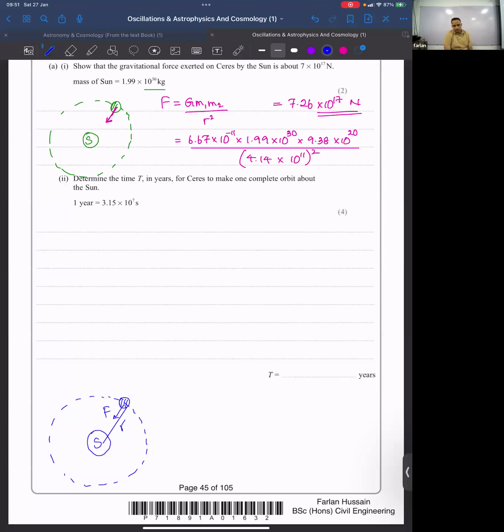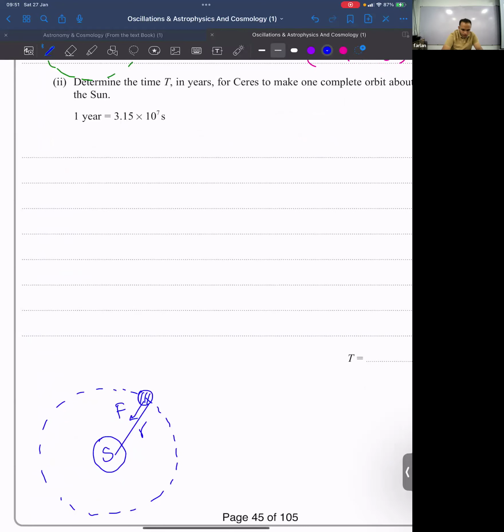Correct. So now, if I use F equals ma for this planet, I'll take the mass of the sun to be capital M, mass of the planet to be simple m. F is going to be G M m over r square. m a is going to be m r omega square.